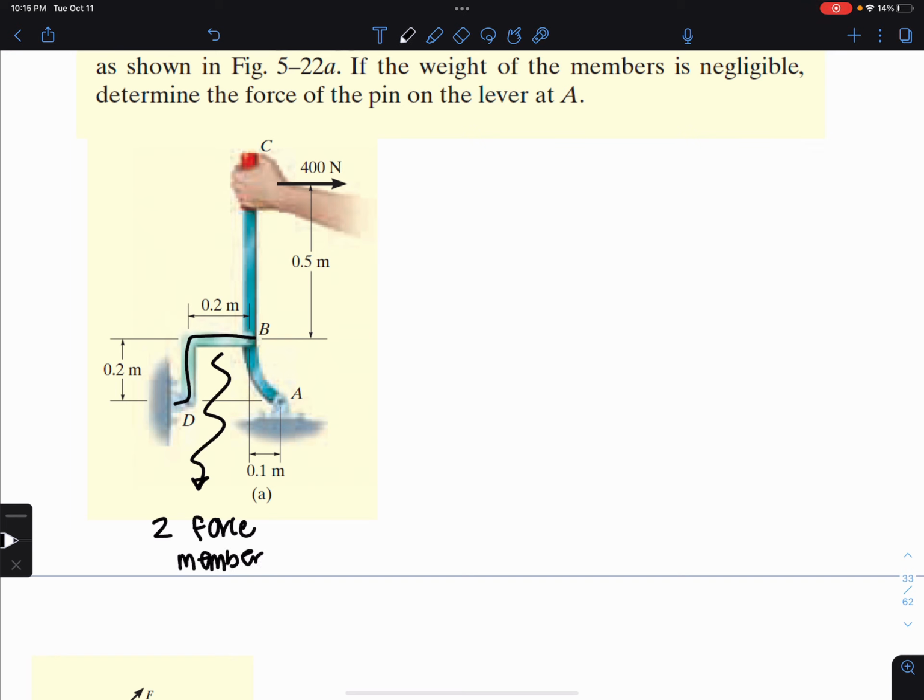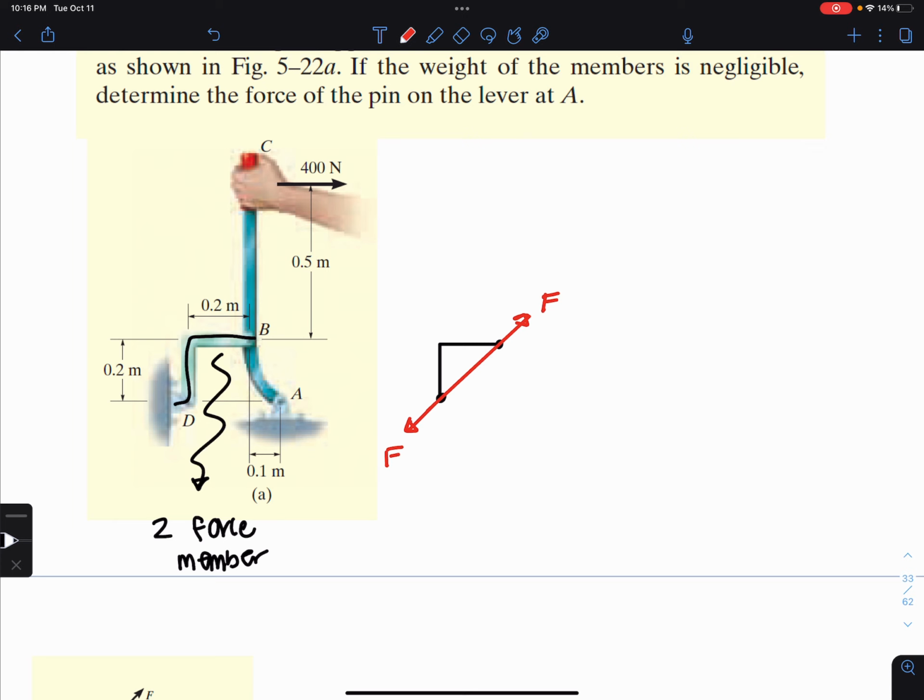Let's see why. Basically, the resultant force from the pin, D and B, must be equal and opposite and collinear. So what we see here, if we isolate that link, we don't have any other forces applied. We have the resultant of that pin, and then we have the force that it exerts opposite.